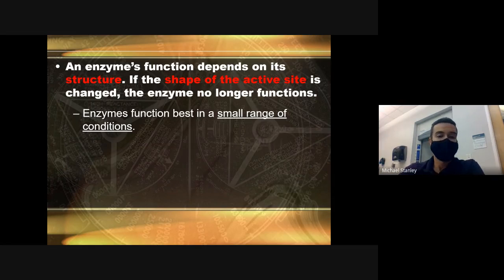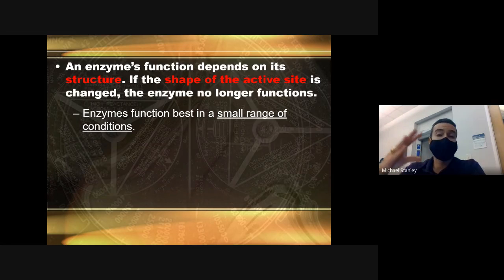That's especially true for enzymes. If the shape of the active site isn't exactly right for the substrate, then the enzyme isn't going to work anymore. So that active site and the substrate have to fit together correctly in order for the reaction to happen.